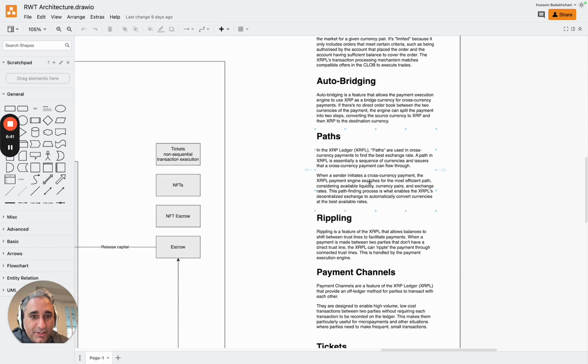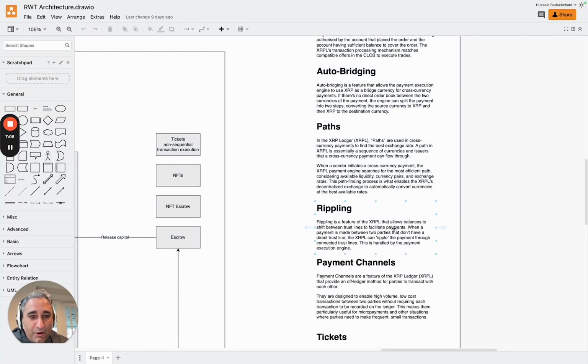When a sender initiates a cross-currency payment, the XRPL payment engine searches for the most efficient path, considering available liquidity, currency pairs, and exchange rates. The path finding process is what enables the XRPL's decentralized exchange to automatically convert currencies at the best available rates. So path finding, looking for the best available currency rates.